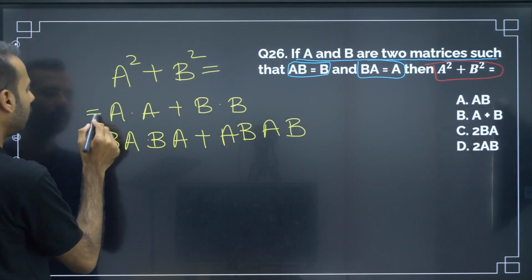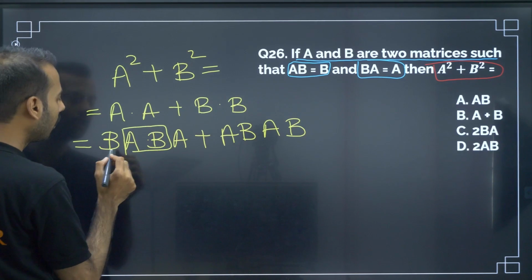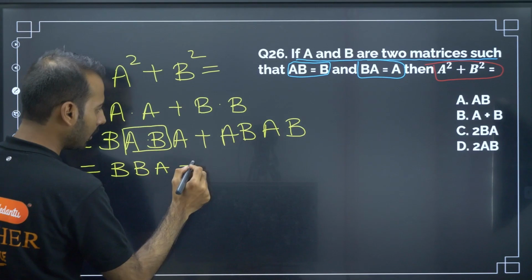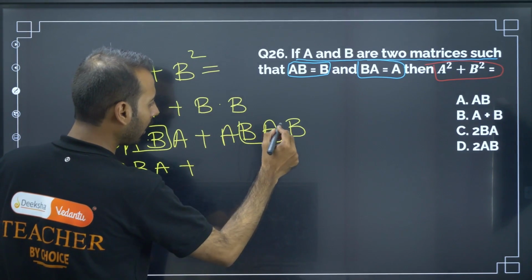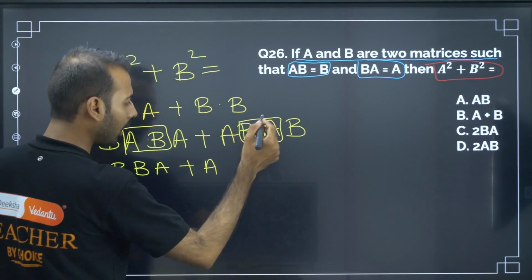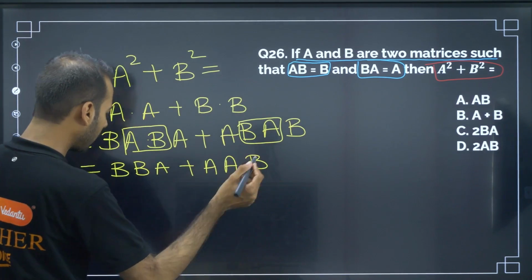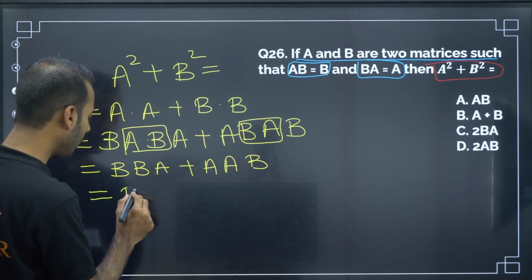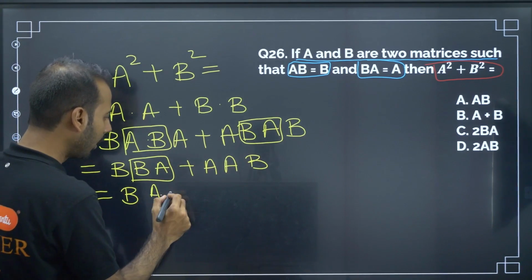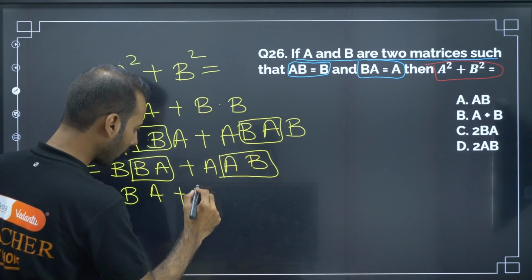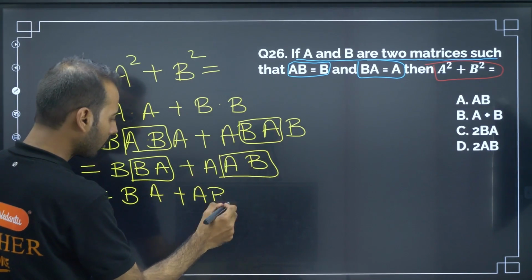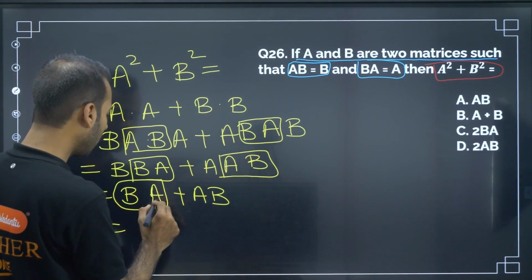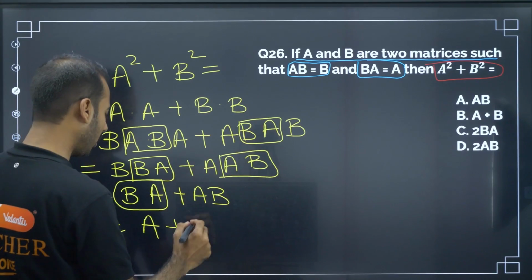So this is equal to A into AB, and in place of that, AB can be written as B. Again, B A can be written as A, and this can be written as B. Next, B square is B into B A, which can be written as A. BA is equal to A, and AB is equal to B, as given over there.